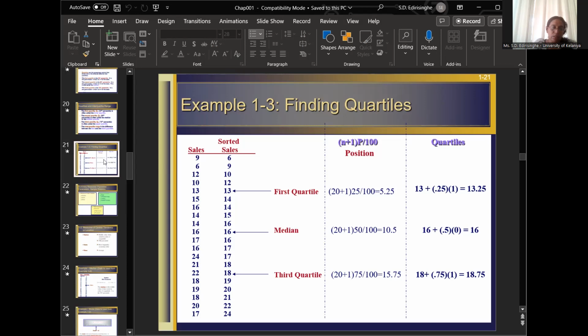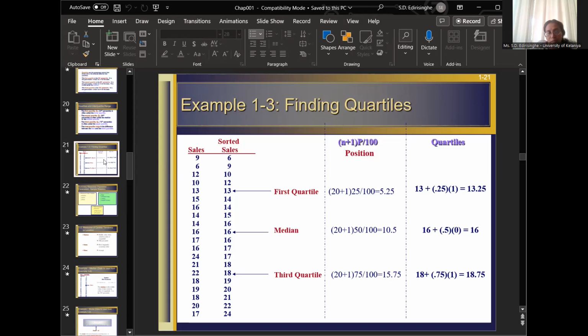So starting from 6, that is 6, 9, 10, 12, 13, 14, again 14, 15, 16, again 16, and again 16. There are three 16 values and two 17s, and 18 and 18. Then after that 19, 20, 21, 22, and 24.